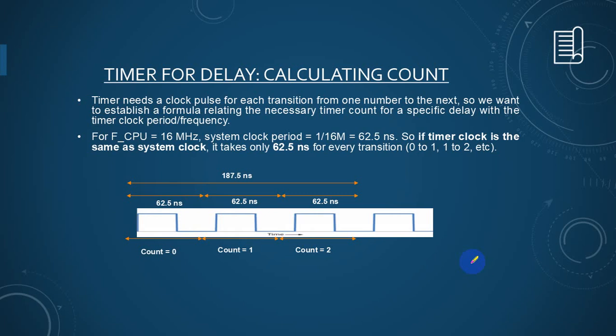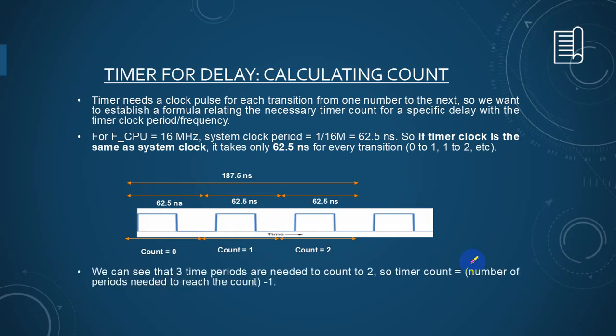So what is the problem over here? Suppose we have 62.5 nanoseconds for every clock, every count.